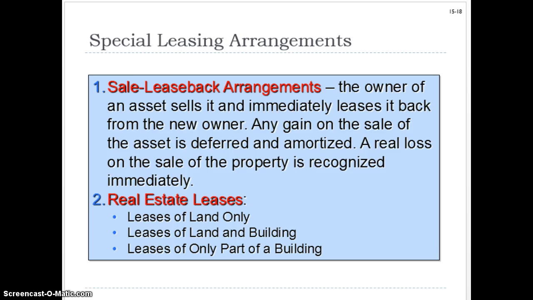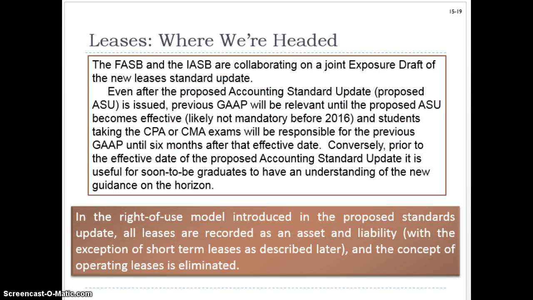All right, and here's some information on where we're headed in the future. This is one of the areas of contention, leases, how they're handling it, because the FASB and the IASB have differing opinions. They both kind of agree on capital leases, but the IASB is not so fond of operating leases.